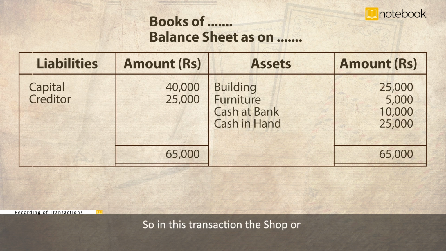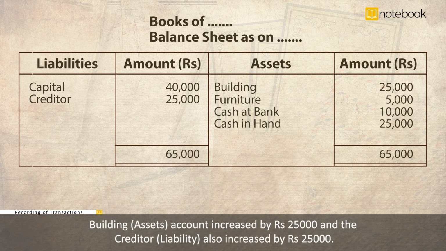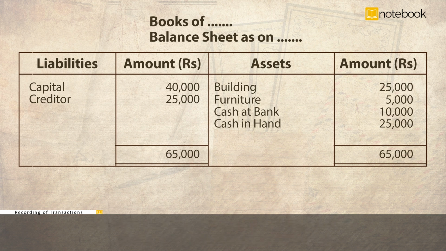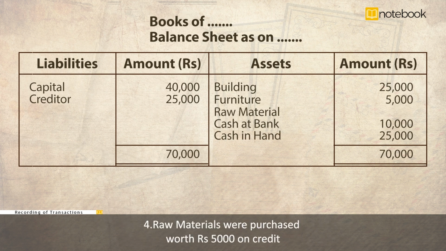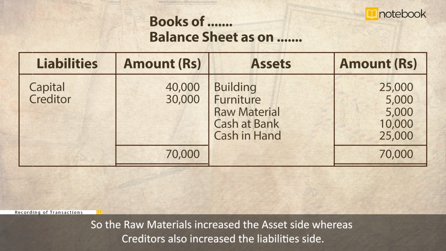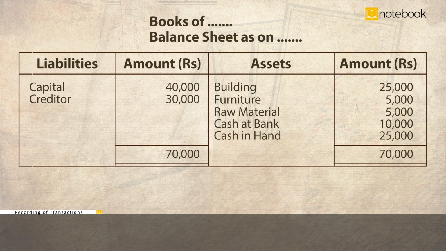So, in this transaction, the shop or building account increased by rupees 25,000 and creditor also increased by rupees 25,000. Number 4. Raw materials were purchased worth rupees 5,000 on credit. So, the raw materials increased the asset side, whereas creditors also increased the liabilities side.